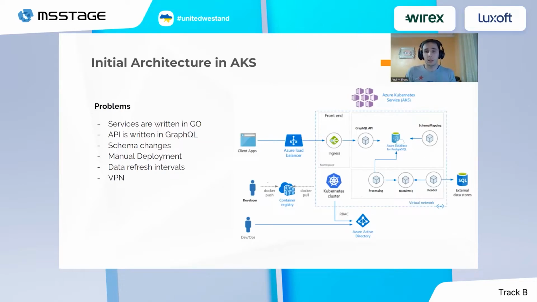Then the client was getting the data through the GraphQL API. The client should also connect via VPN to this endpoint to get this data. So that was a really complicated flow. But the client was, let's say, happy because the data was visualized in Power BI, so that's it.